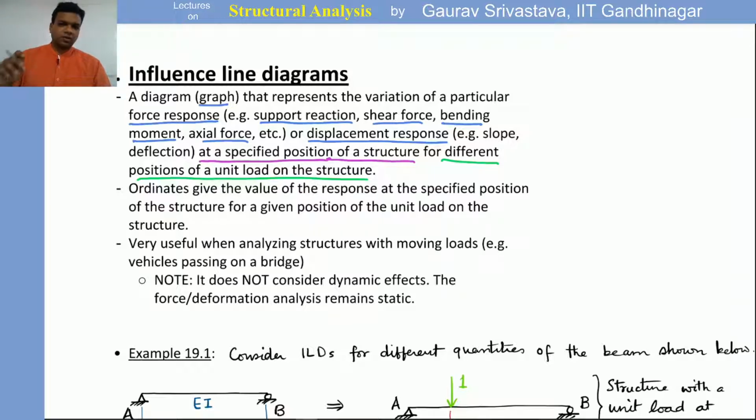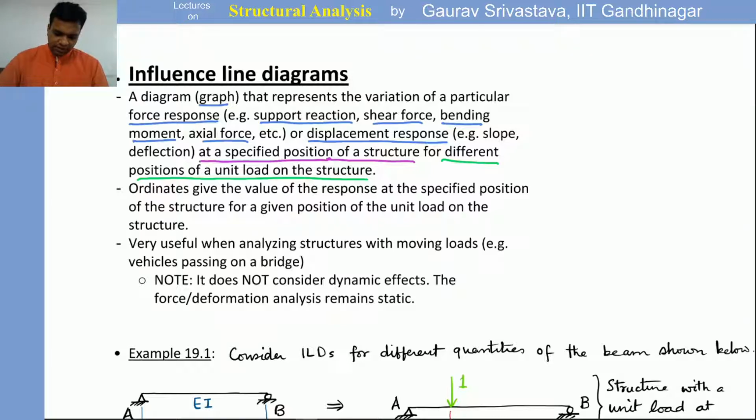The only thing to remember is that the unit load is passing, that is a moving load. The location of interest is fixed. So we may say a bending moment at midspan, or shear force at L by 2 or L by 4. Those locations are fixed, but load goes from one end to the other throughout.